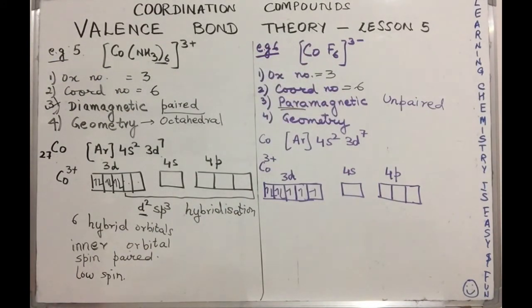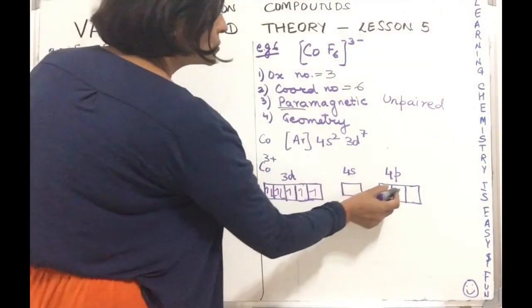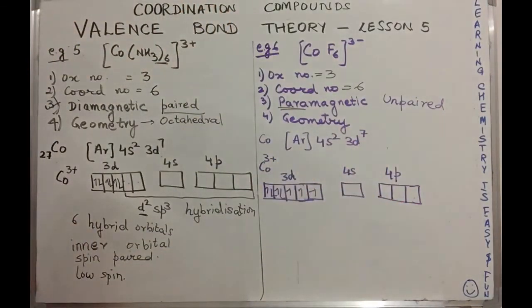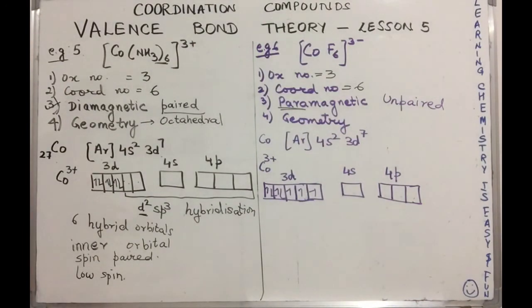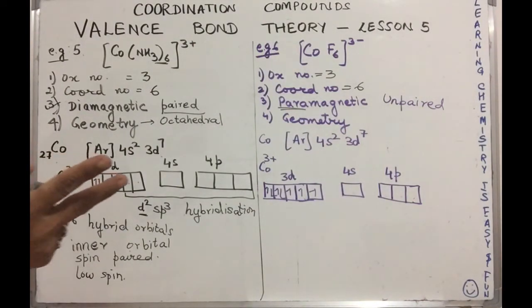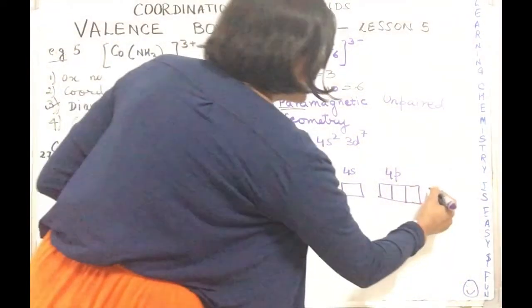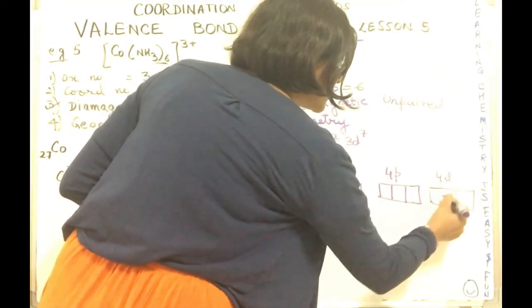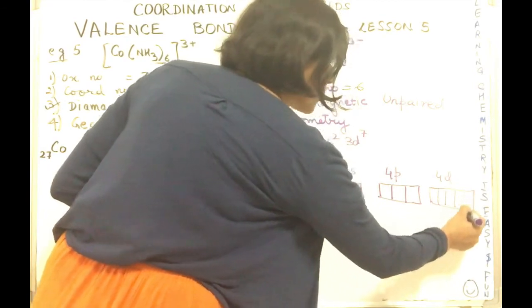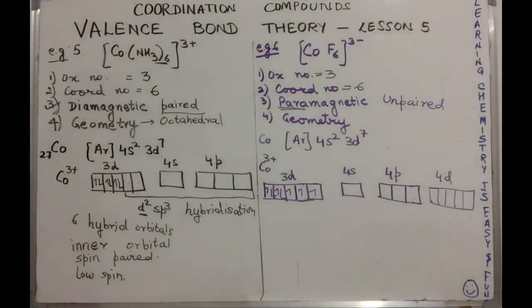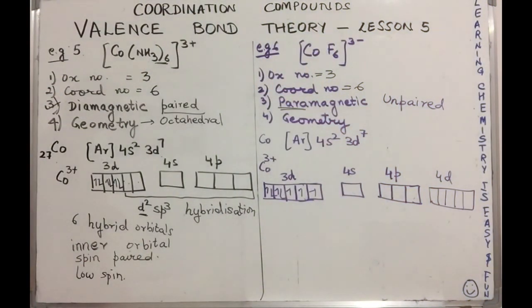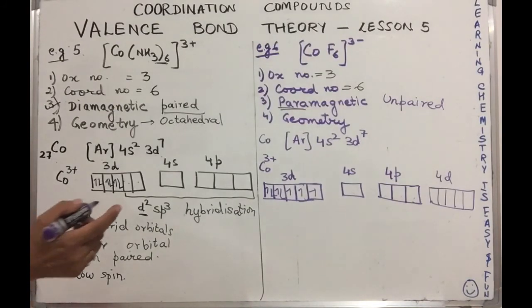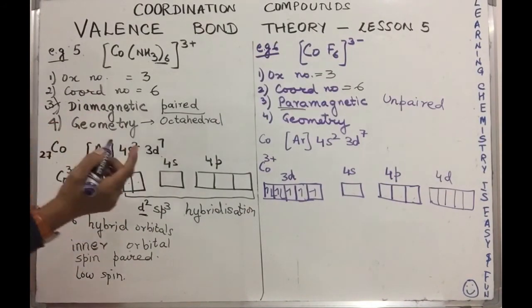How many orbitals do we have at our disposal? 1, 2, 3, 4. Oh, we need to make space for 2 more. How do we do that? Very good. We involve the 4d orbitals as well. And how many of 4d should be involved? Very good. Because we need 2 more.